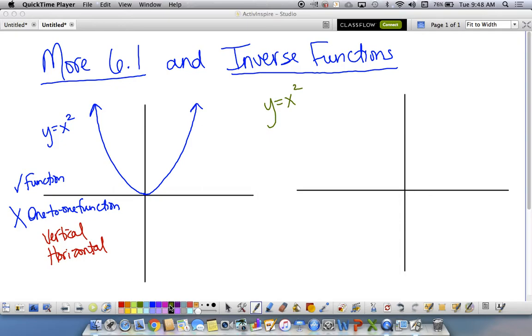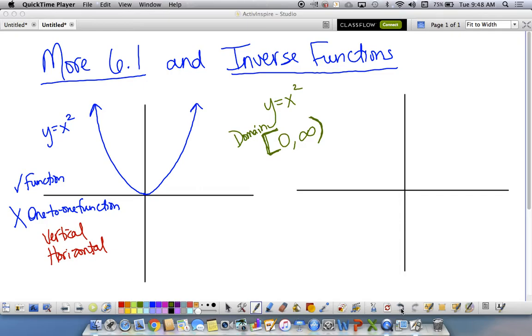I'm going to write this in interval notation. So my x's, my domain, the x's would only go from 0 to infinity. Let's actually stop and talk about the bracket and the parentheses. When we are restricting a domain, that 0 infinity is not a point. It's the x values.